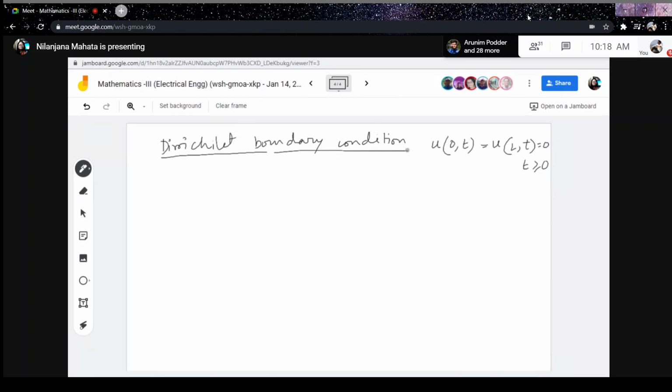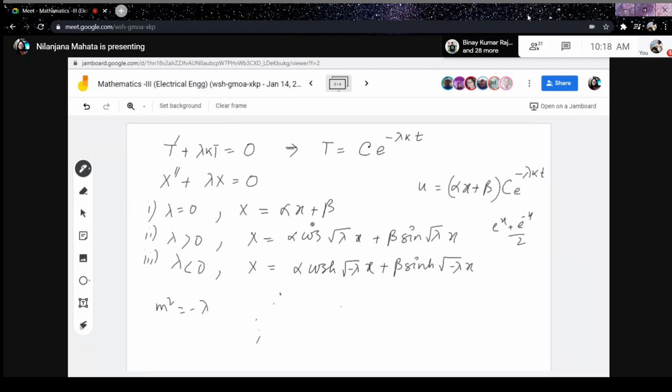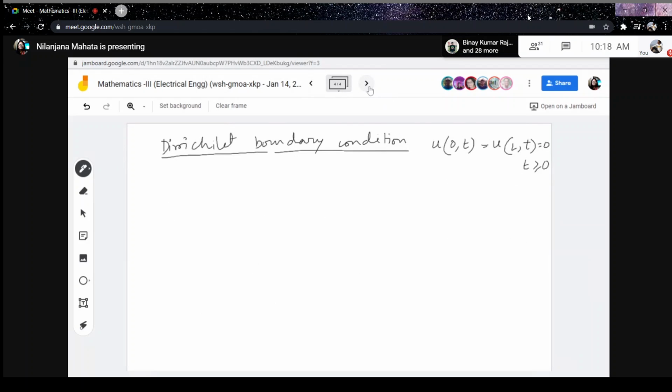So from these and satisfying these conditions, since it is valid for all t, basically this means X(0) is equal to X(L) is equal to 0 with the condition satisfied by the solution, that will be equivalent to all t.